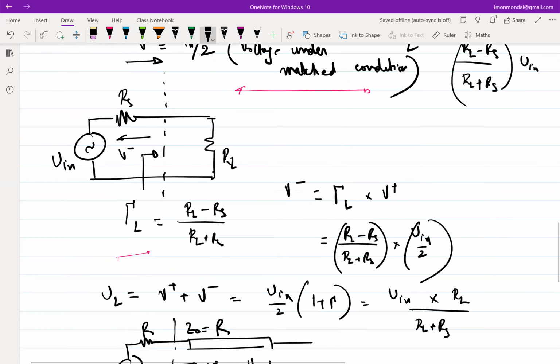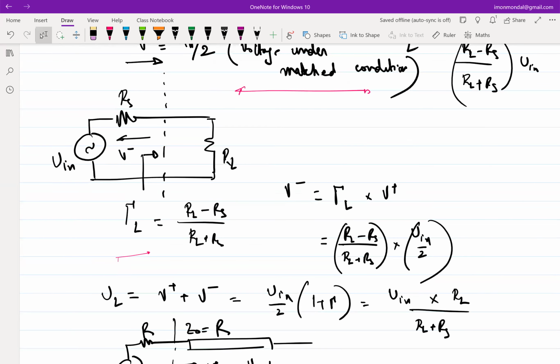So when I do not have a transmission line in this picture, it becomes difficult to appreciate that. But if you want to make that analogy, what you can think of is that there is a small transmission line which doesn't have any delay, negligible delay, of Z naught equal to RS.